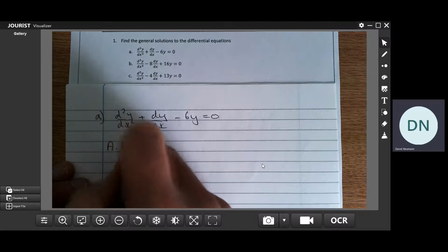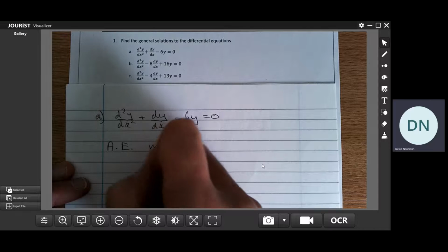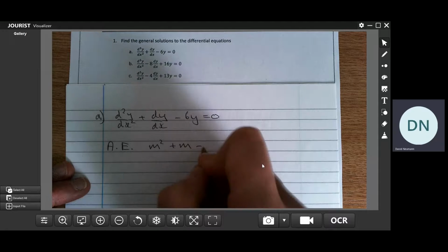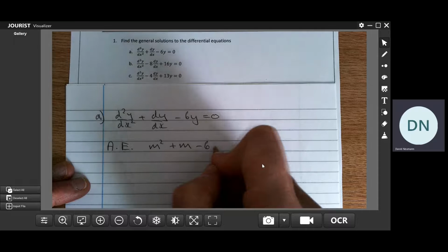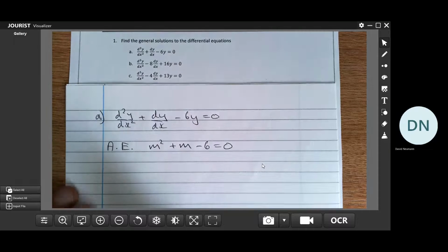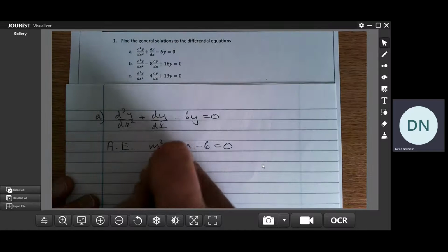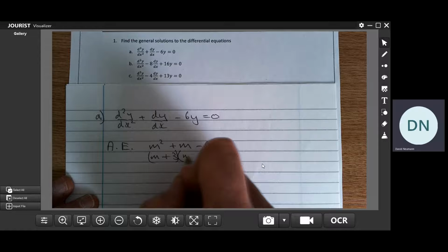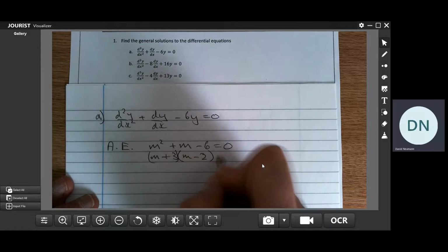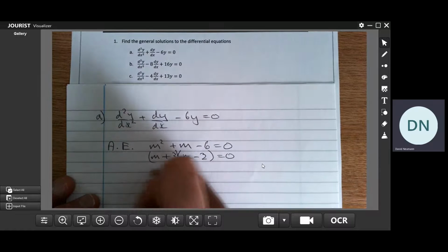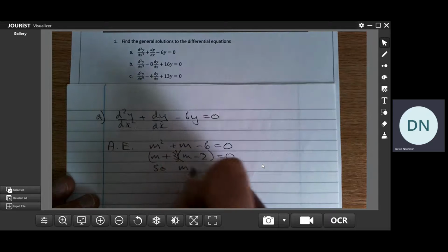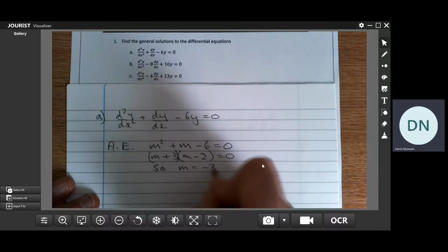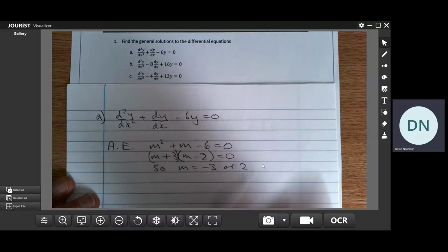AE is m squared plus m minus 6 is equal to 0. We're going to solve that. We can factorize this one. So that's m plus 3 times m minus 2 is equal to 0. So m is equal to minus 3 or 2.